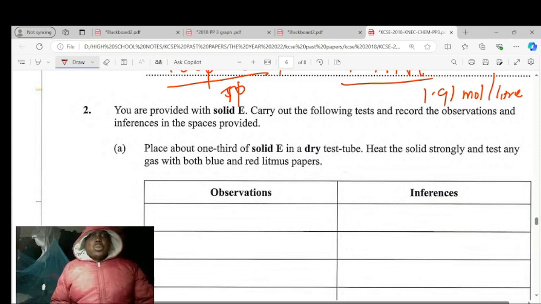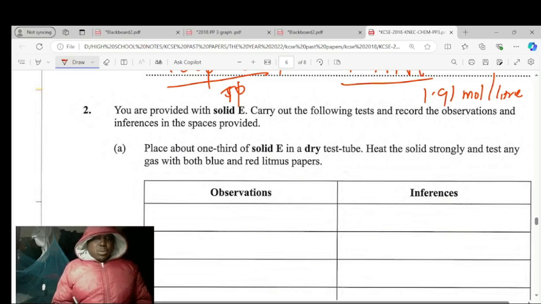So once you put your red and moist litmus paper on the mouth of the test tube, make sure the test tube is very dry. That's one thing you need to do. The test tube should be very dry, should not contain any water or any droplets of water, because you need to make observation whether there is a colorless liquid formed on the cooler parts of the test tube.